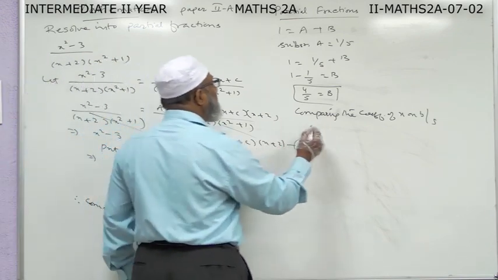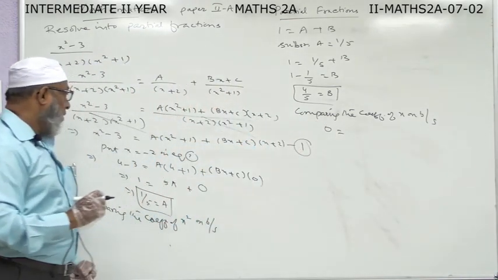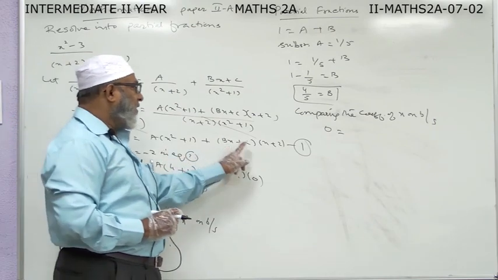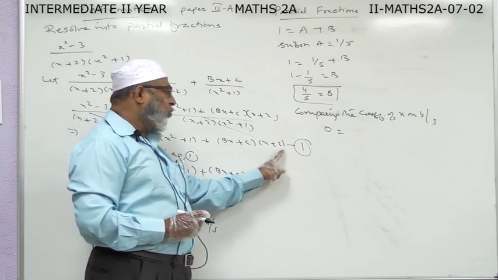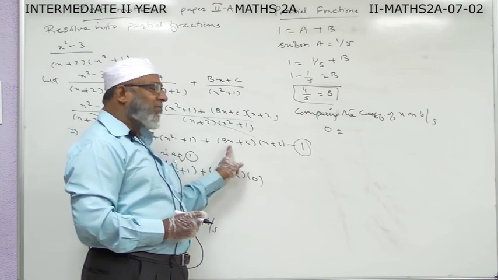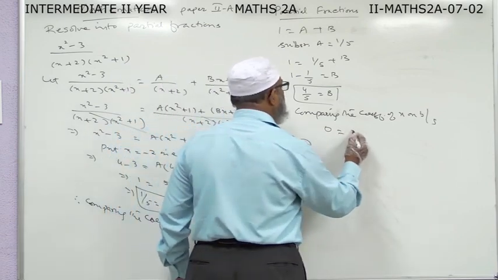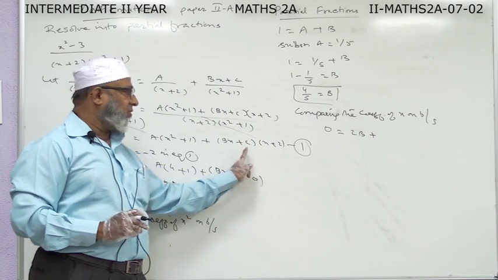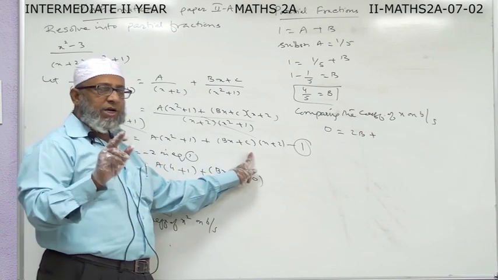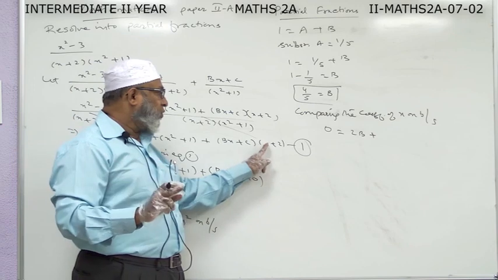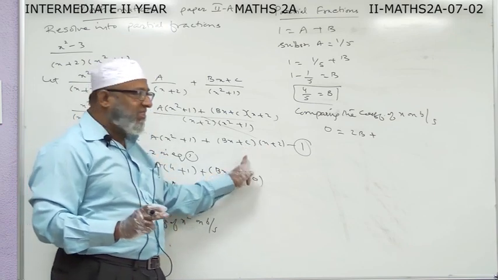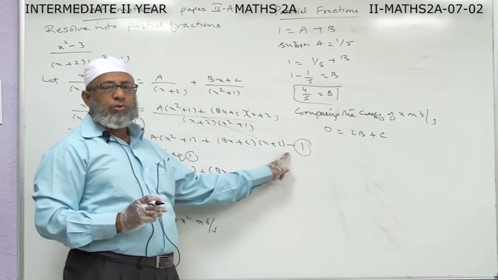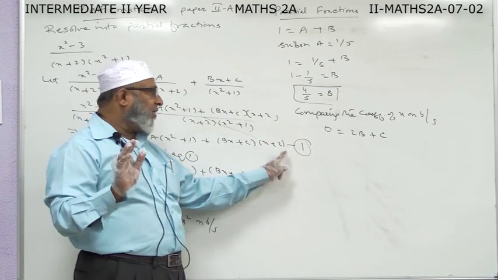So this is nothing but 0 is equal to, now x square into 1, a x square, no x square term. Okay. X into x square, leave it. X into 2, 2x. 2x multiplied with b. So it is nothing but 2b. Plus, if I multiply c into x, it becomes cx. I am interested in comparing the coefficient of x only. Cx. What is the coefficient of x? C. That is 2b plus c. Now, if I multiply c into 2, there is no x. Therefore, leave it. Is it clear?